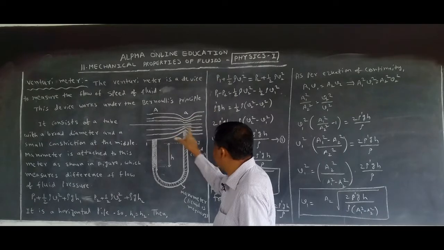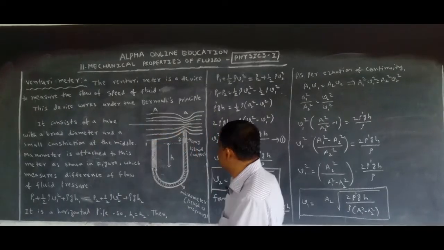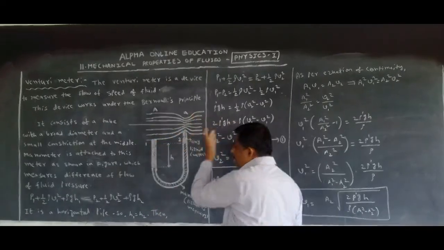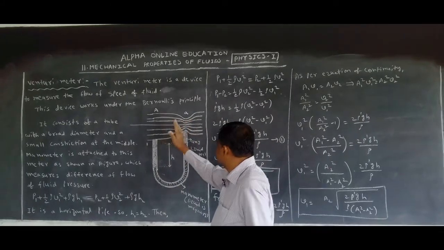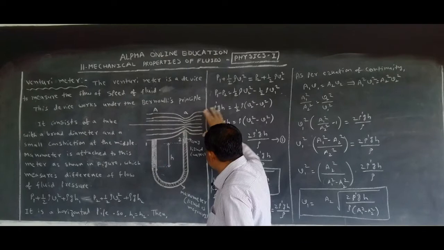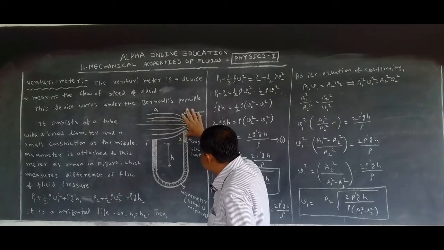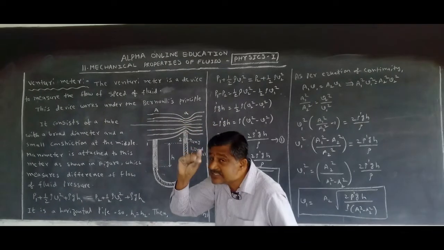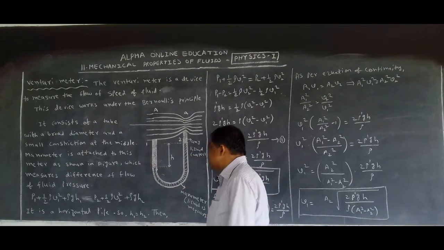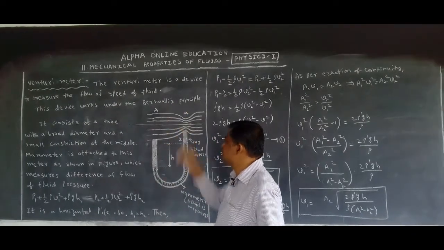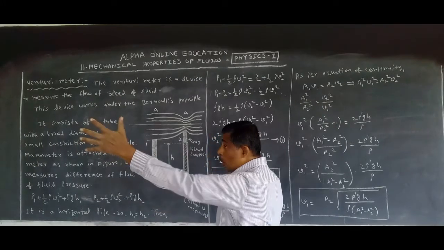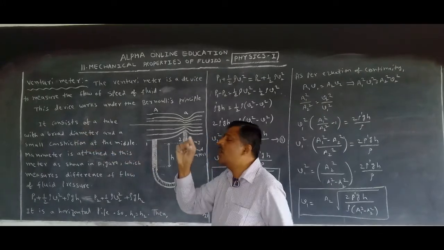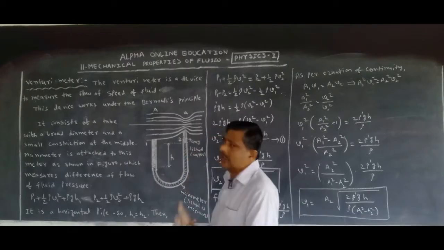In the middle of this one, actually we wanted to extend the diagram, but no need. See that one, parallel, here also parallel, but here it is a small constriction. This Venturi meter consists of a tube with a broad diameter and a small constriction at the middle.